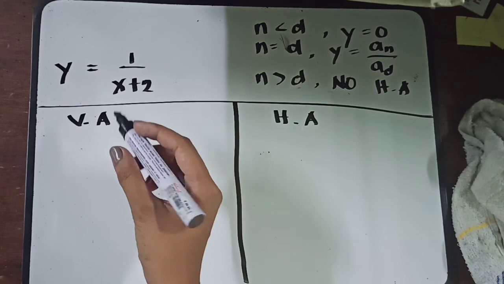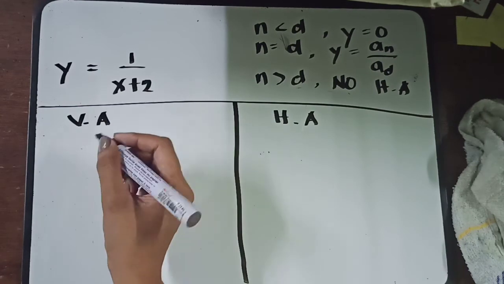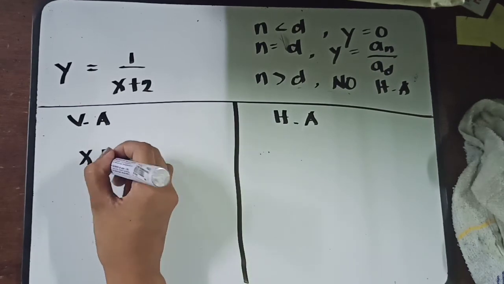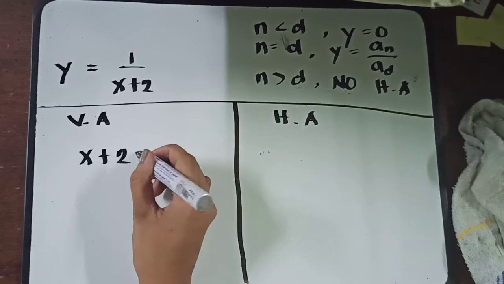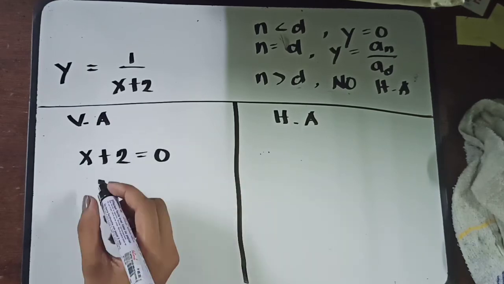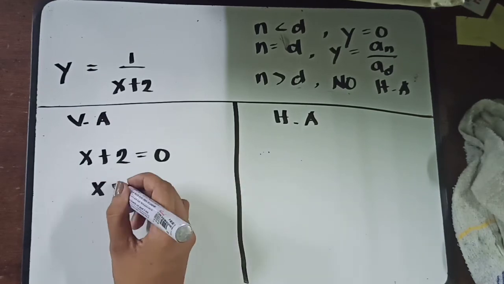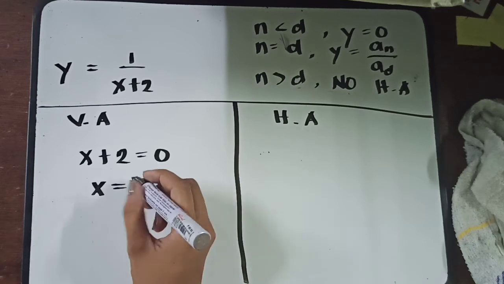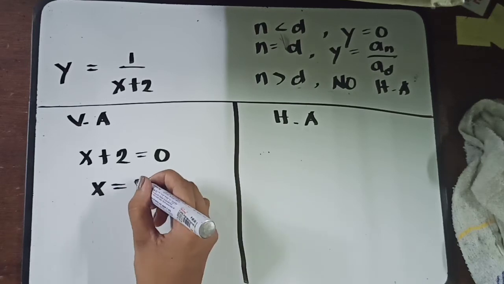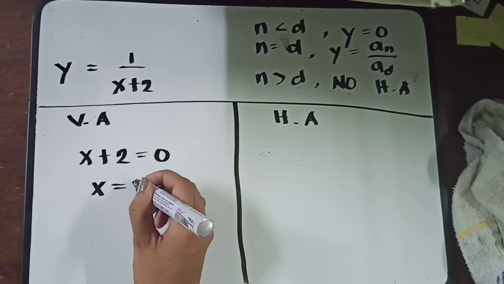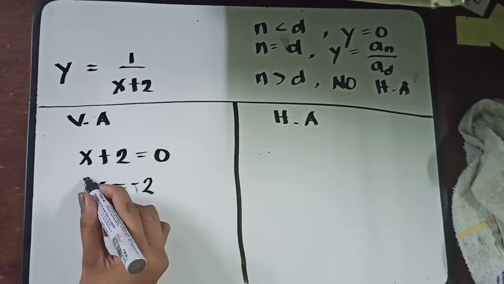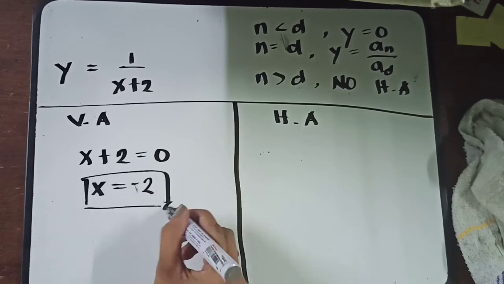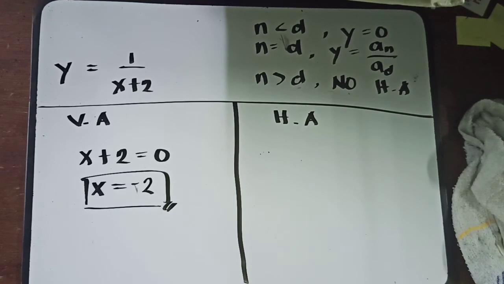So, nakasimplify na naman siya. So, kunin ang denominator. So, which is x plus 2 equal to 0. So, the zeros of the denominator is negative 2. So, our vertical asymptote x is equal to negative 2.